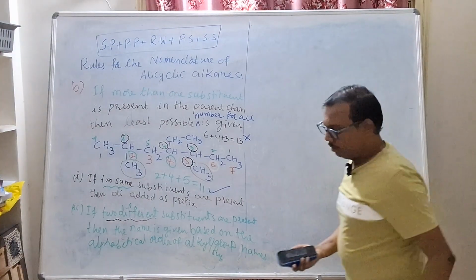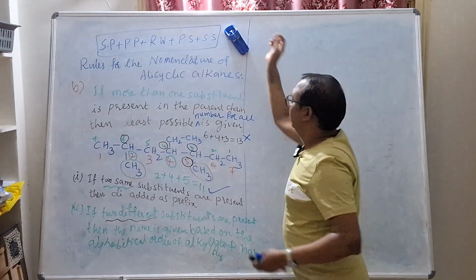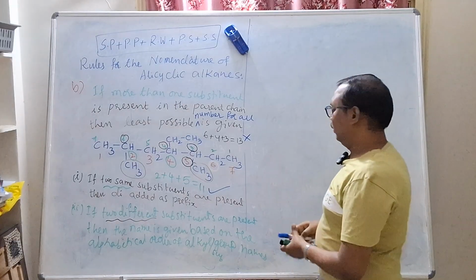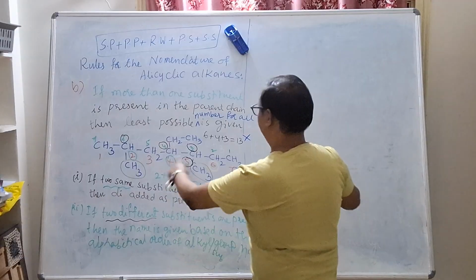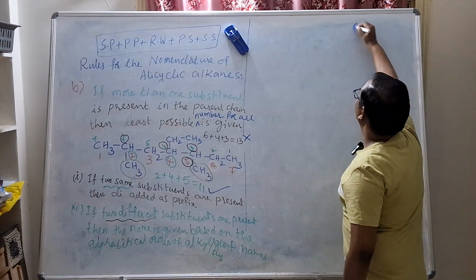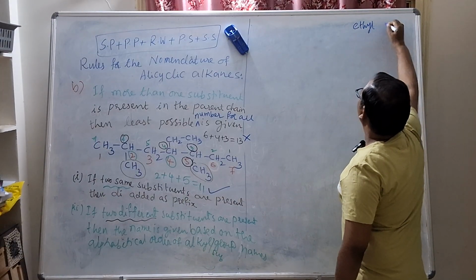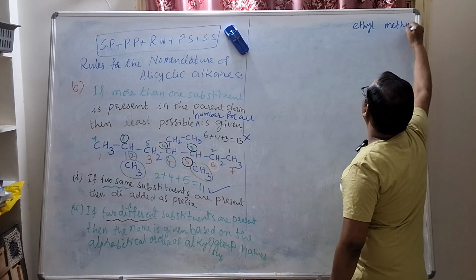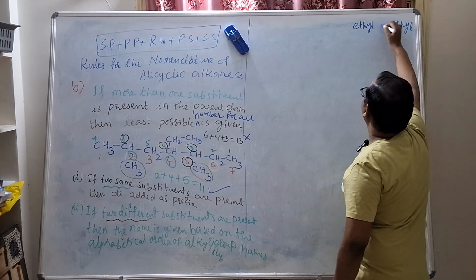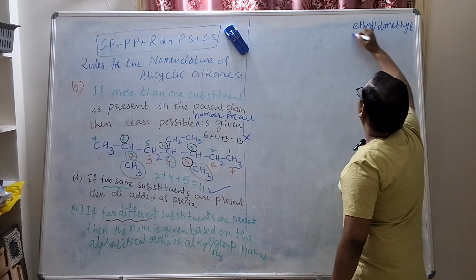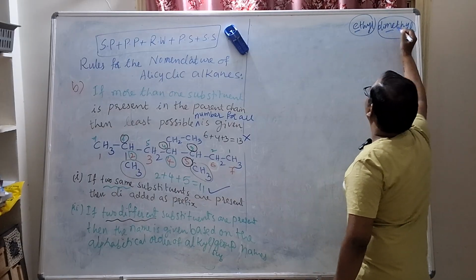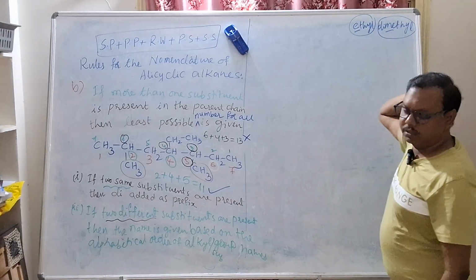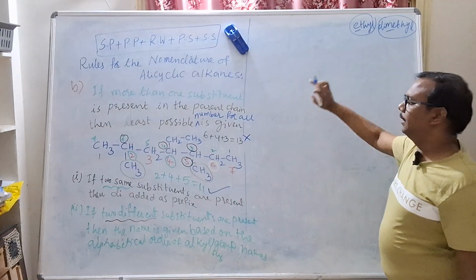Ethyl and methyl, which one comes first in alphabetical order? Ethyl, methyl. Di you should not consider here, because dimethyl is there. Are you getting? E and M, in alphabetical order E comes first. Therefore, you have to write the name like this.